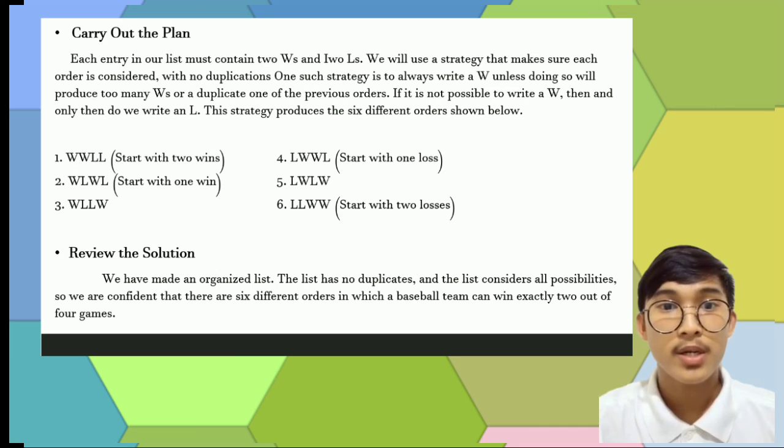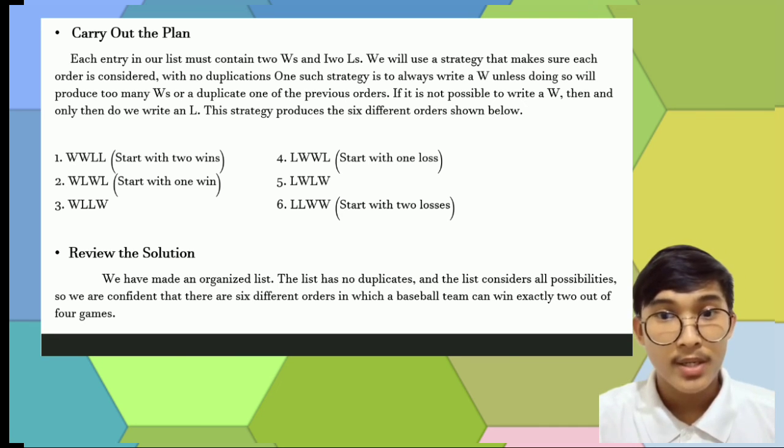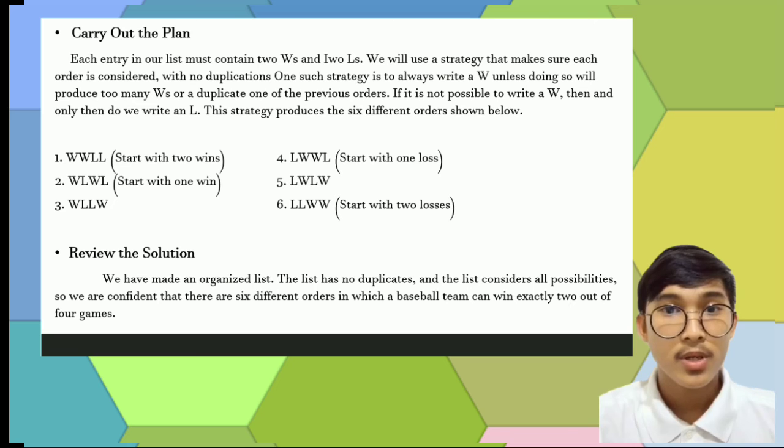Number 4, lose, win, win, and then lose. Number 5, lose, win, lose, win. And the last, number 6, start with 2 losses and end with 2 wins.